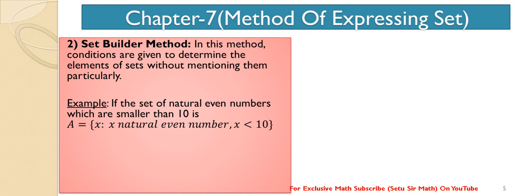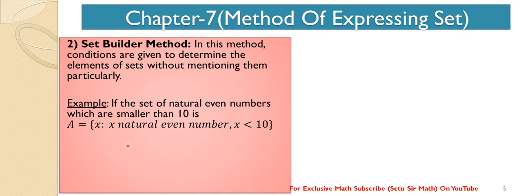Example: the set of natural even numbers which are smaller than 10. We can write it like this: A = {x : x is a natural even number and x < 10}. This is the such-that sign.